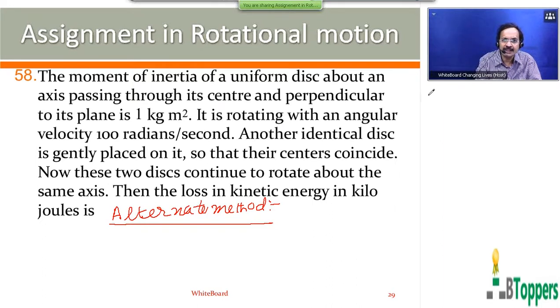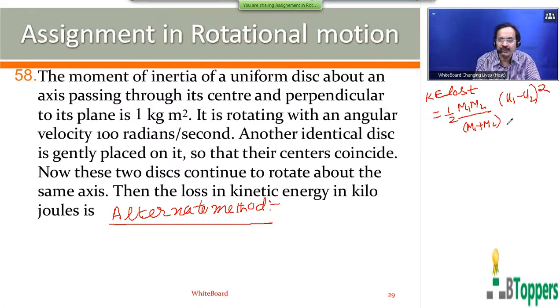In the case of a one-dimensional, completely inelastic collision, the kinetic energy lost by the system is given by half m1 m2 by m1 plus m2 into u1 minus u2 whole square. The collision is said to be completely inelastic if the two colliding bodies move together with a common velocity after collision.